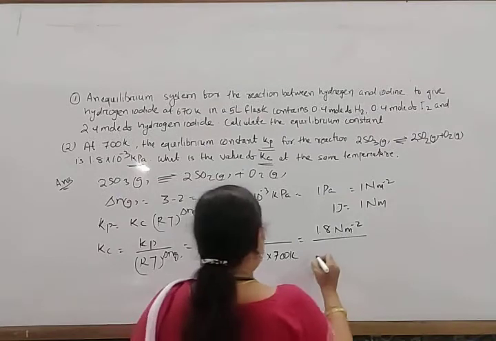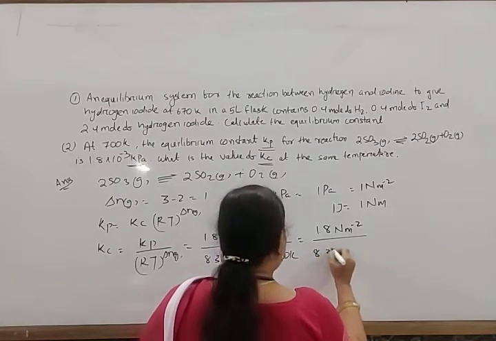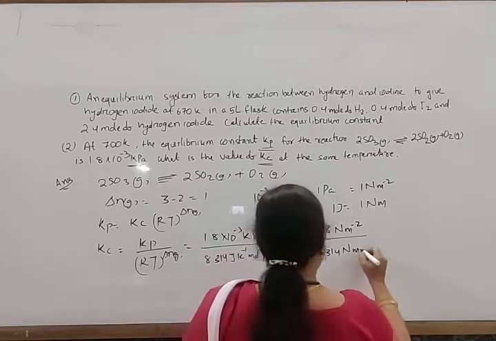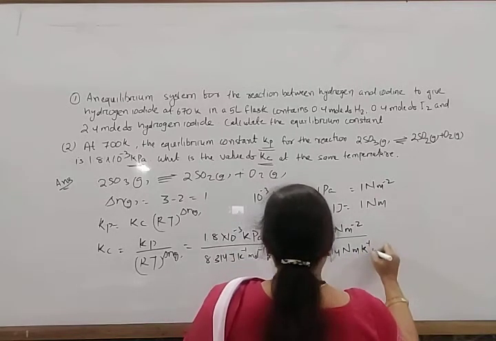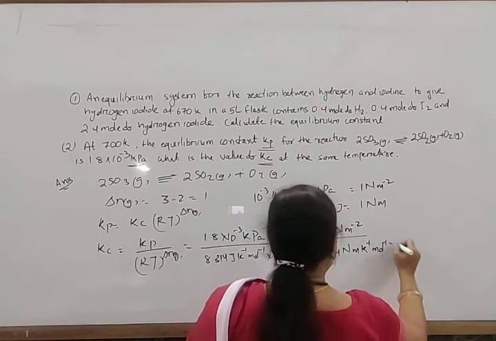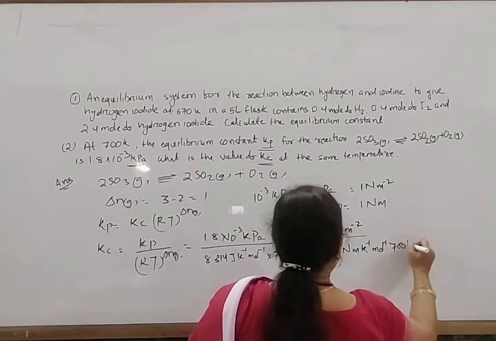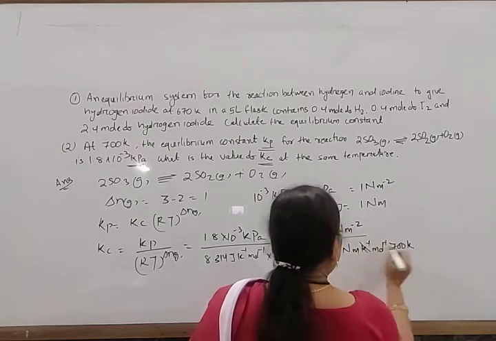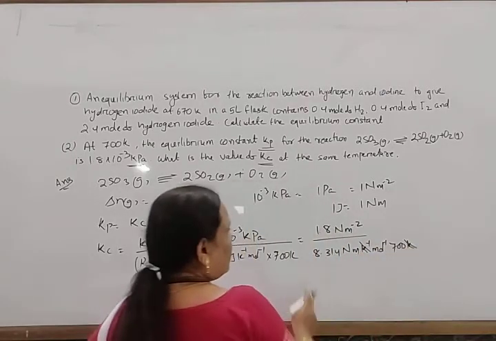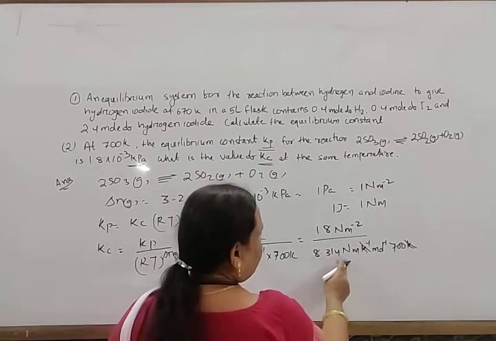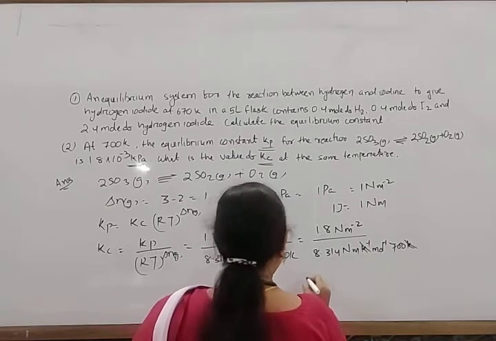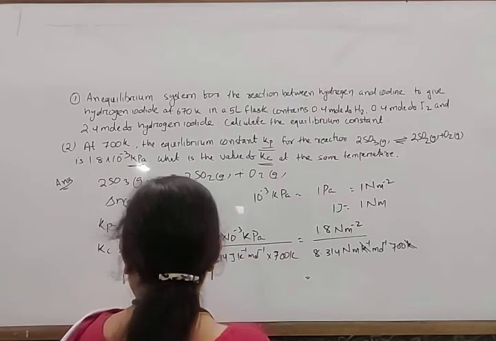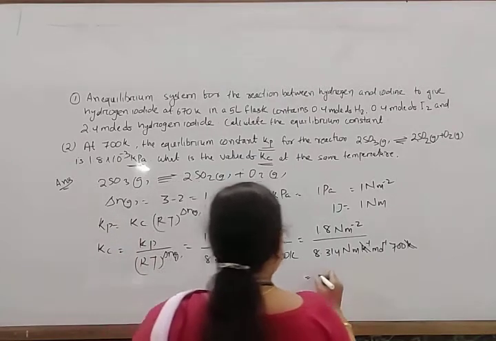So it is 8.314 Newton meter Kelvin inverse mole inverse, and 700 Kelvin. The Kelvin unit cancels. So this is 1.8 by 8.314 Newton meter into 700.